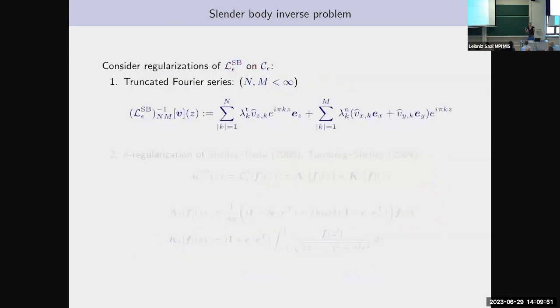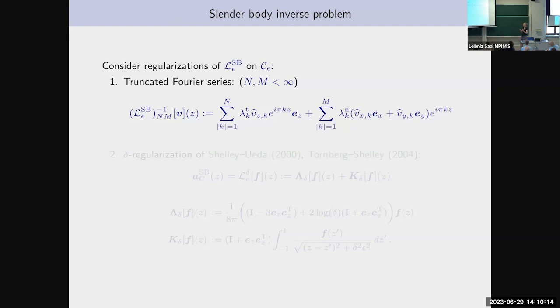And one way, or a couple ways that we can do that, is to consider various regularizations of this slender body operator along the straight periodic filament, right? And so one thing we can do along the straight periodic filament is to just consider a truncated Fourier series for the slender body approximation, right?